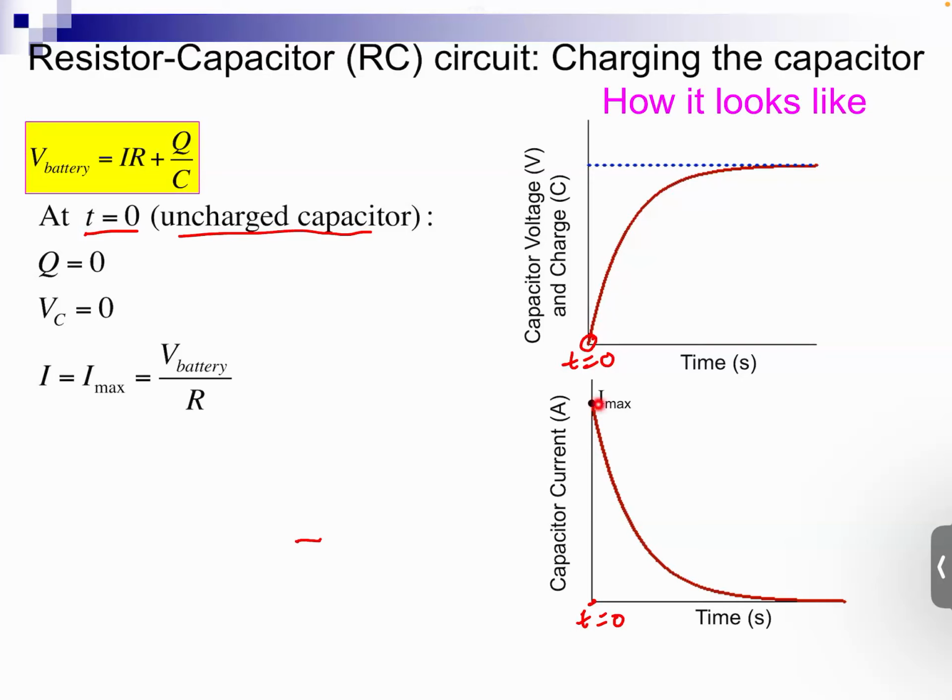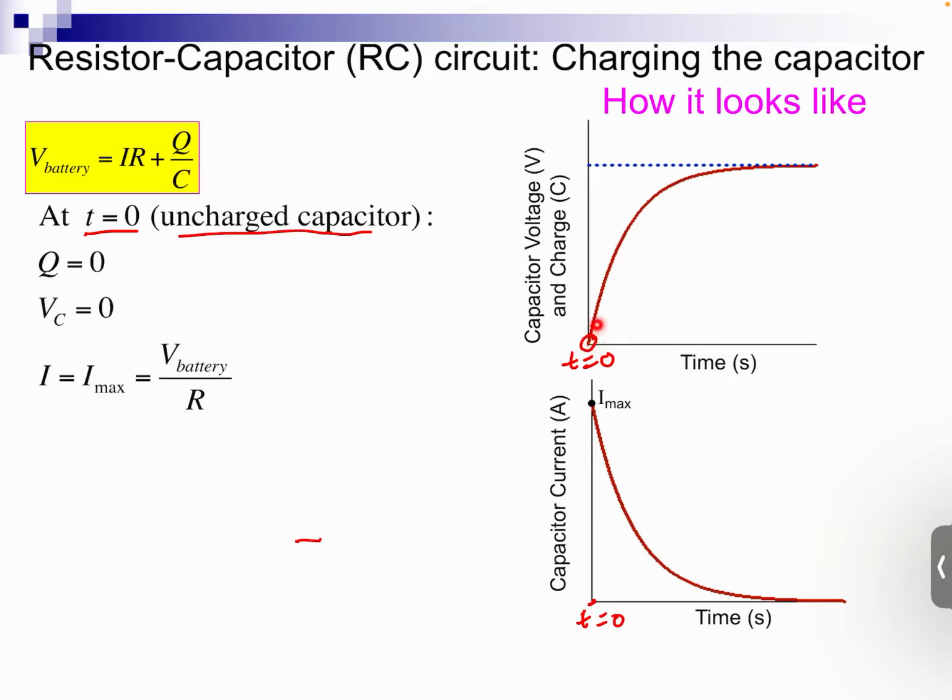And how do you calculate the maximum current in your circuit? You calculate it using Ohm's law. So the maximum current will be the voltage across the battery divided by the resistance of the resistor. So you start with a maximum current and a 0 charge and 0 voltage across the capacitor.